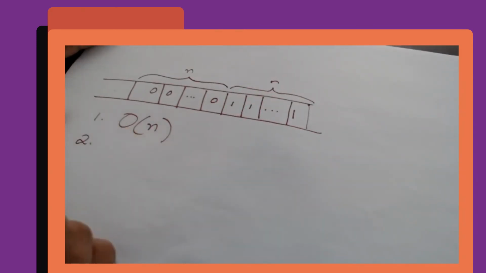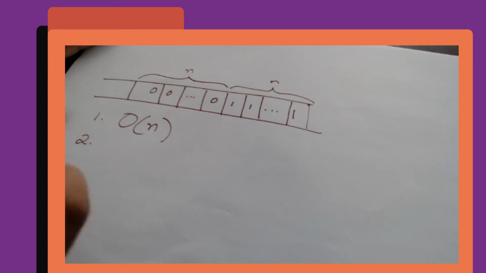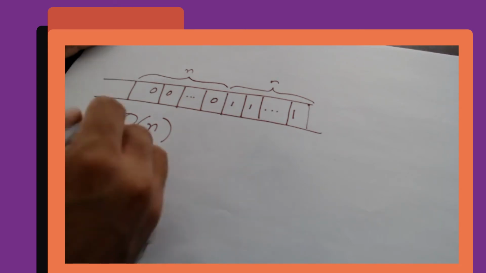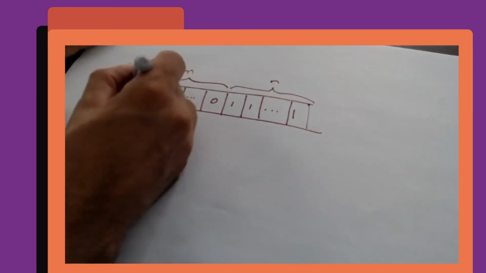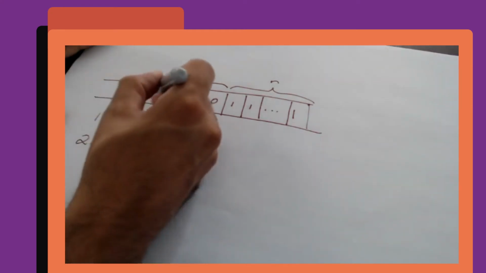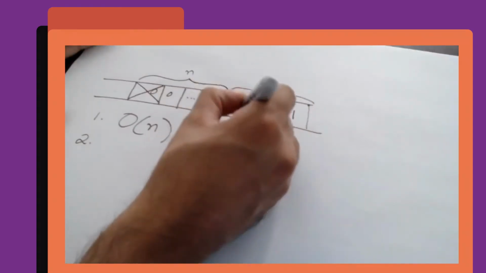Then the second step is where we have the important part of the algorithm, where we iterate over each pair of 0 and 1 and cross them out as a pair. So we are going to basically cross a 0 and a corresponding 1.